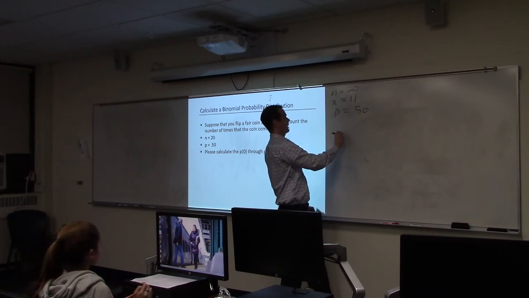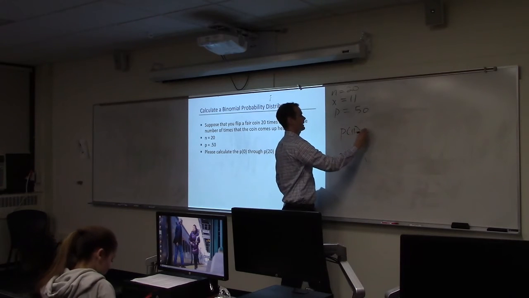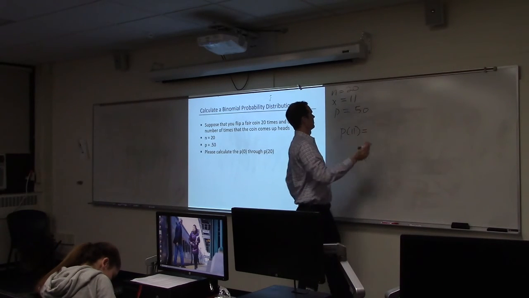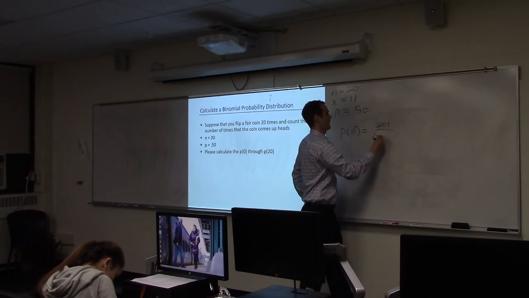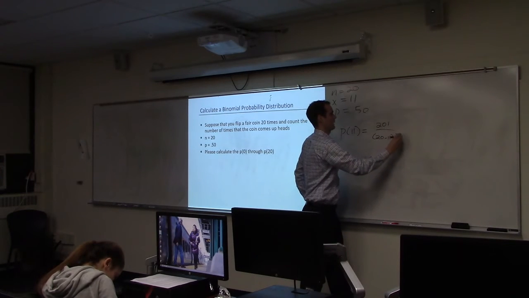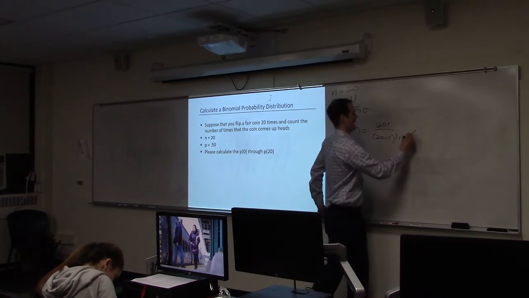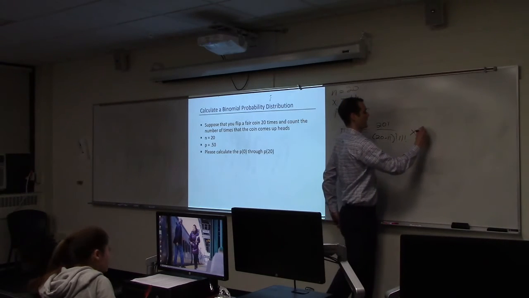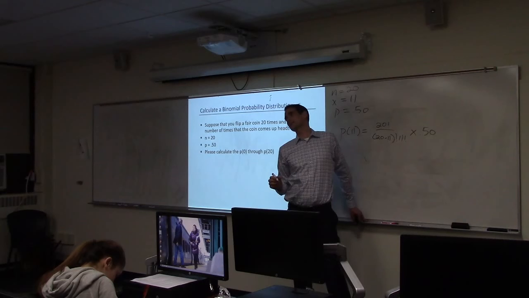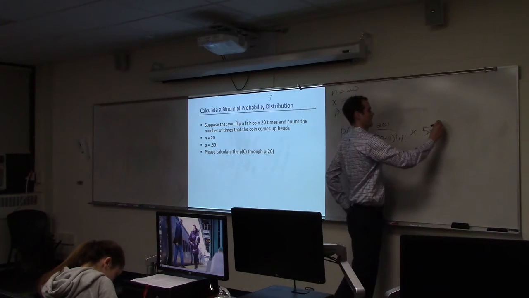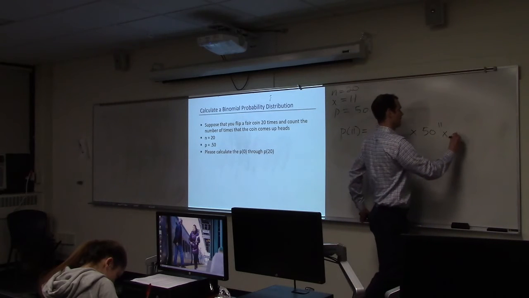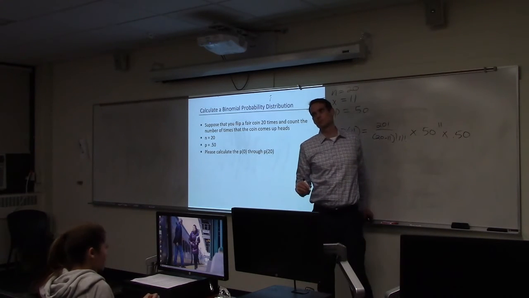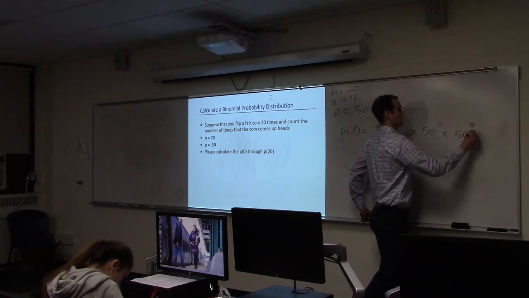So, the probability of 11 successes equals 20 factorial divided by (20 minus 11) factorial times 11 factorial, times 0.50 raised to the what? 11? Outstanding. Times 1 minus 0.50, which also happens to be 0.50, raised to the what? 9. Outstanding. Perfect.